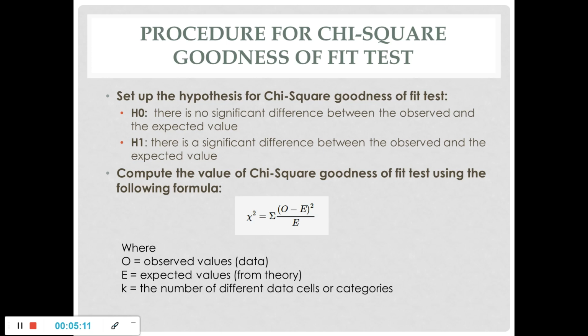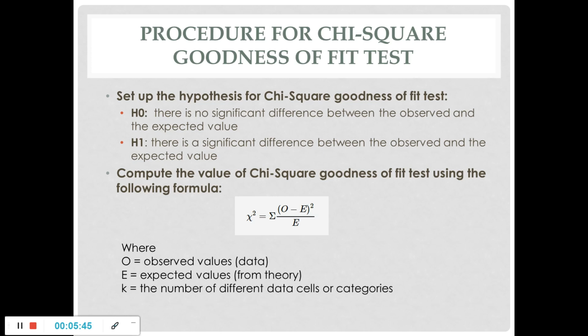Your null hypothesis can be: there is no significant difference between the population distribution and sample distribution, or there is no significant difference between the observed and the expected value. Here the expected value represents the assumed or population distribution, and the observed distribution is nothing but the sample distribution.